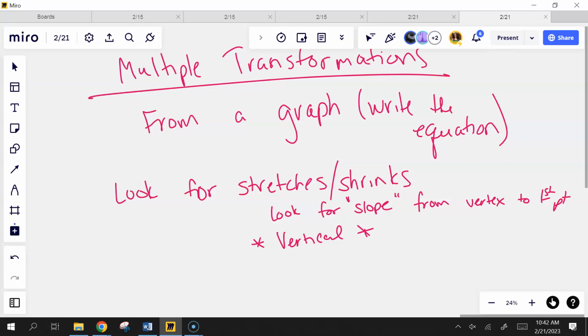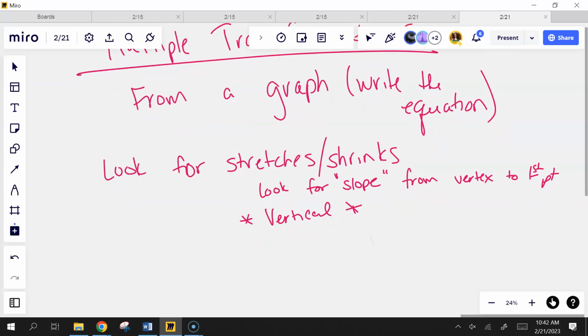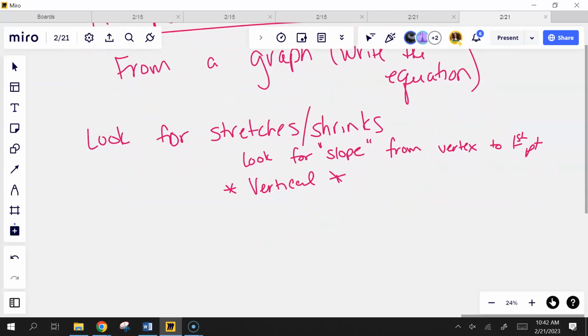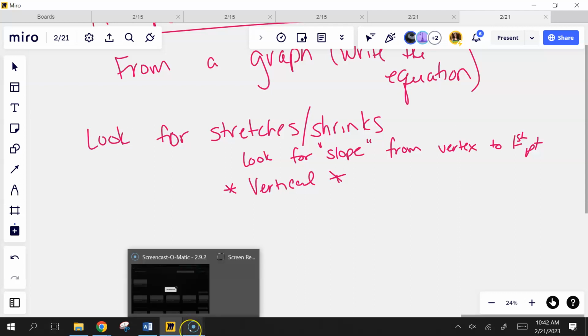So I can describe them all as vertical as I'm writing this. It's just easier that way as I'm doing multiple ones.